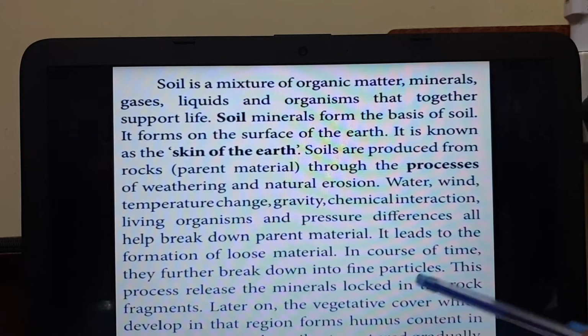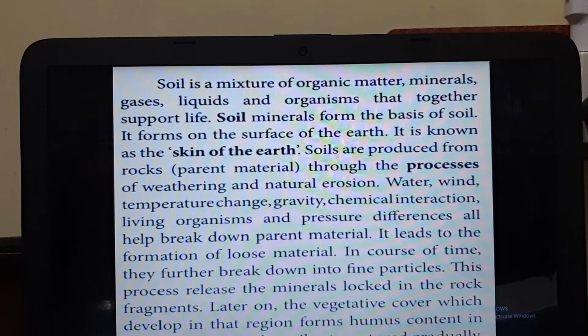This process releases the minerals locked in the rock fragments. So after this, the mineral contents which are present in the rock get released. Later on, the vegetative cover which develops in the region forms humus content in soil.